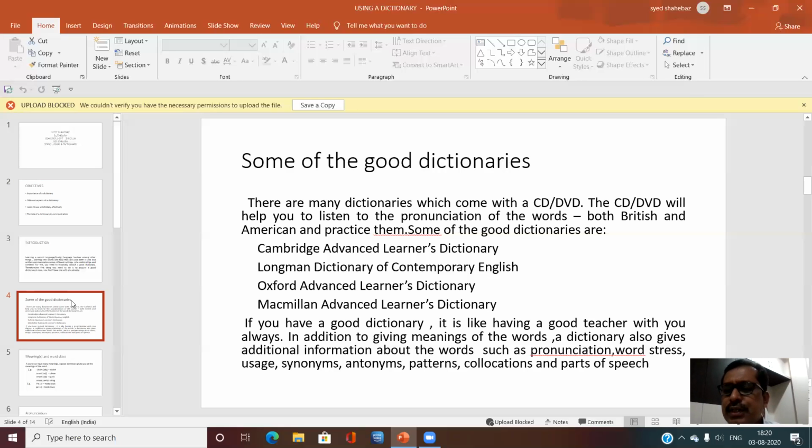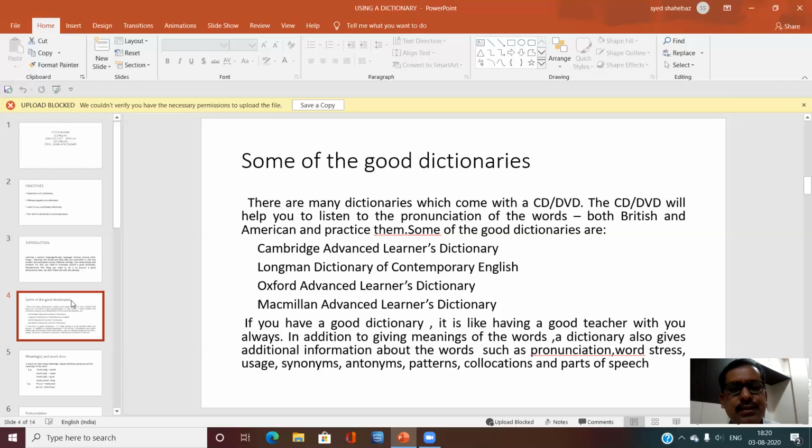There are many dictionaries available in the market, but you should purchase a standard dictionary. These four are very popular among the students and among the academicians, and they are well received by the people across the world.